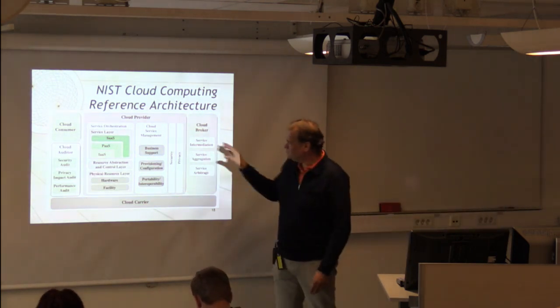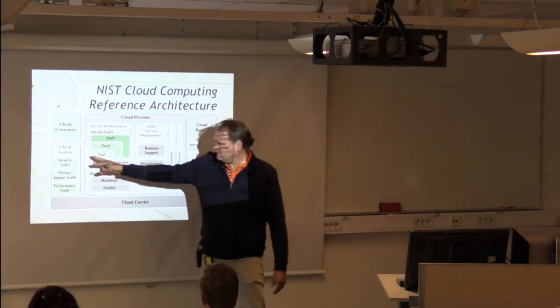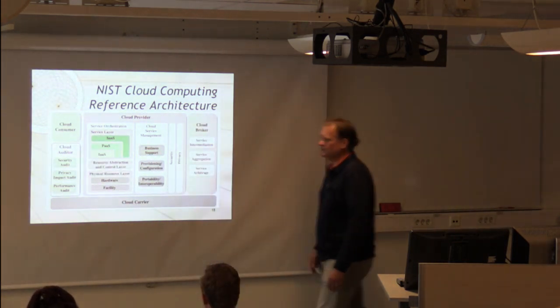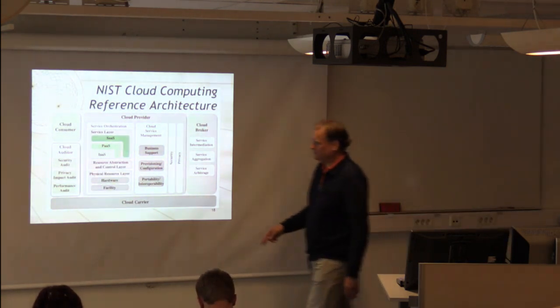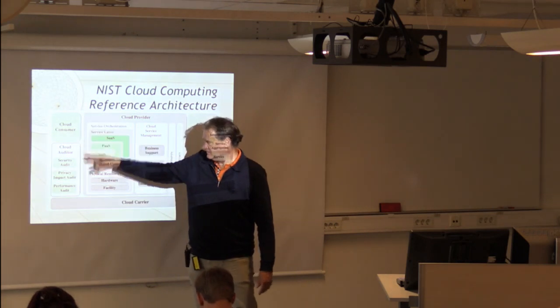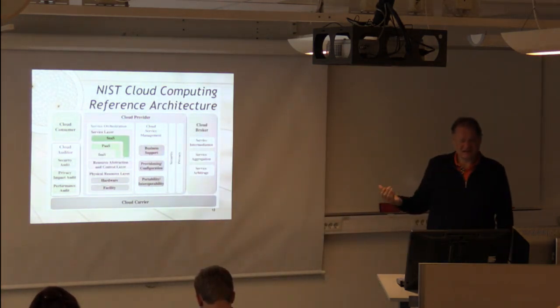But then we have two more roles here, as you see. We have a cloud auditor. Well, we have three roles. We have a cloud customer, that is us. But apart from that, the cloud auditor is, as you see, standing next to us. That is actually our partner, you can say.